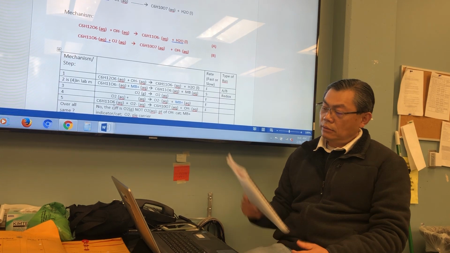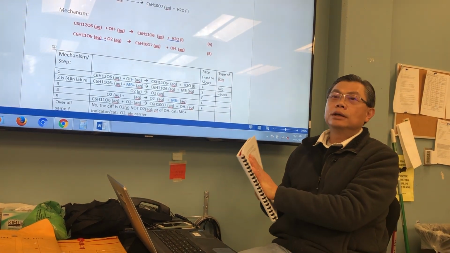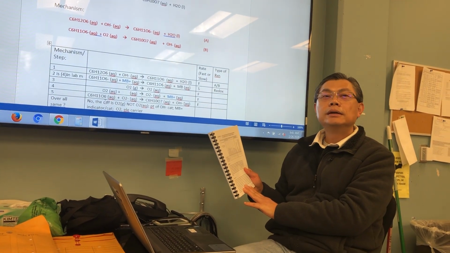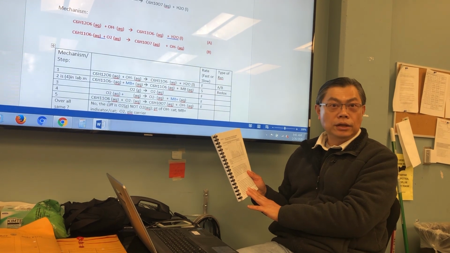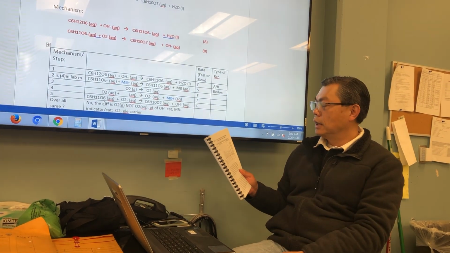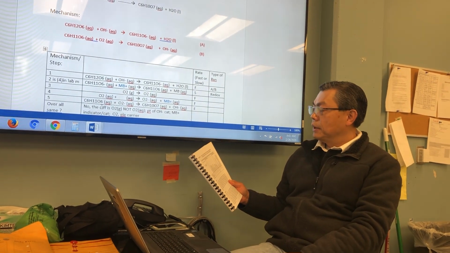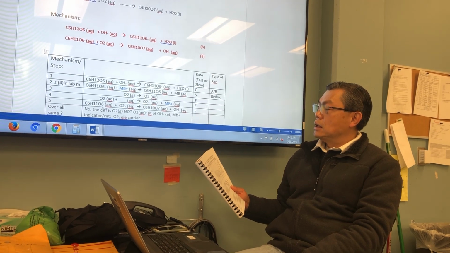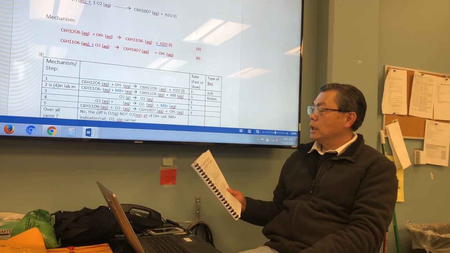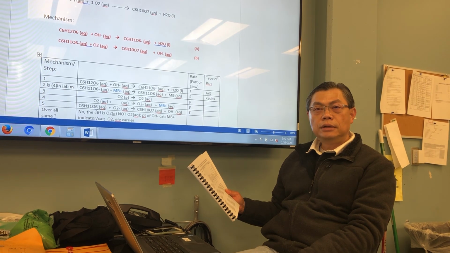Of course, how you learn and how you know is from the title. So let's take a look at the title on page 55. So the title is what? Weight loss and reaction mechanism.